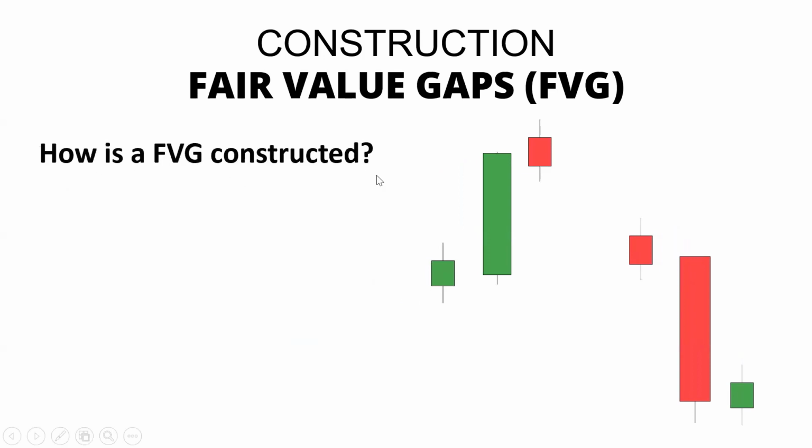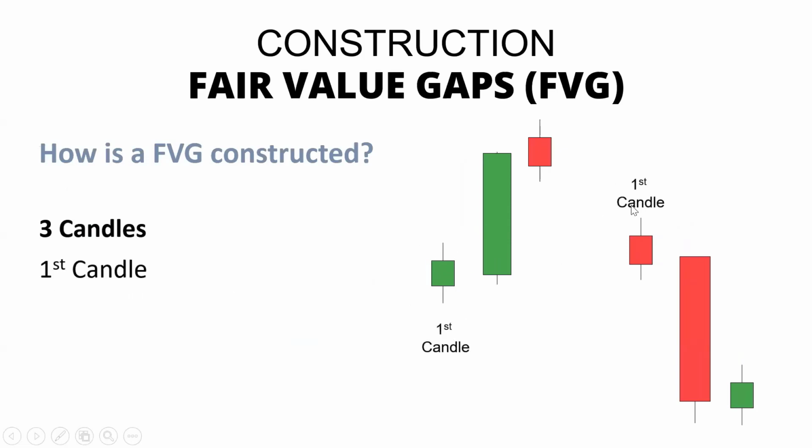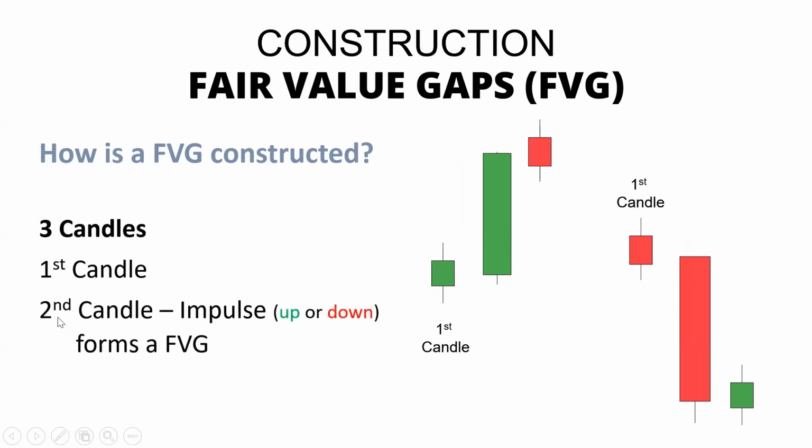How is the fair value gap constructed? There are 3 candles. First candle, so this is a bullish fair value gap first candle. This is the bearish fair value gap first candle. Second candle is the impulse candle up or down that forms a fair value gap. So the second candle, this is an up impulse candle.